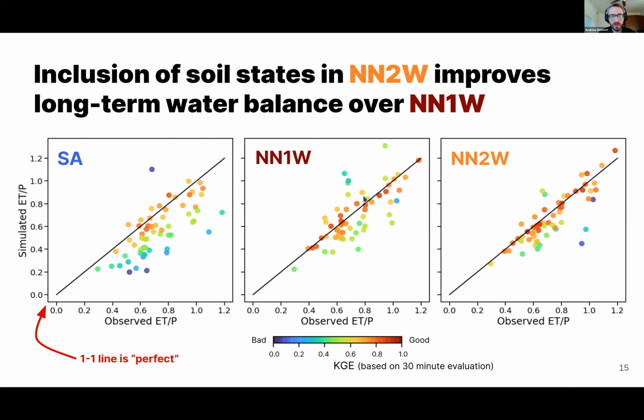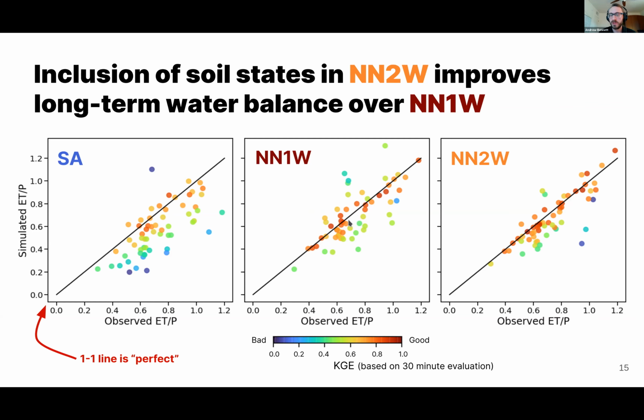On the other hand, neural network one way does not have any understanding of how much actual water it has available to evaporate. So it tends to over evaporate and draw down the soil moisture over time. It clusters on the 1-to-1 line, but has both over and under evaporation.